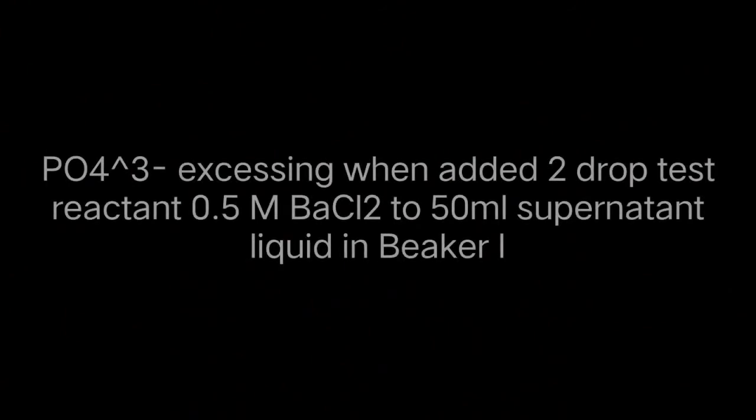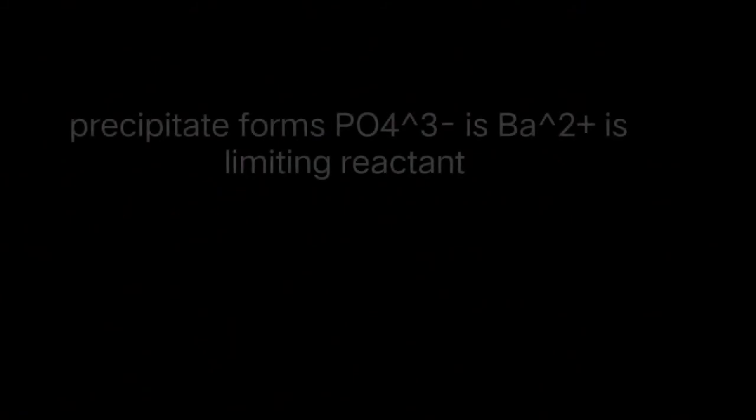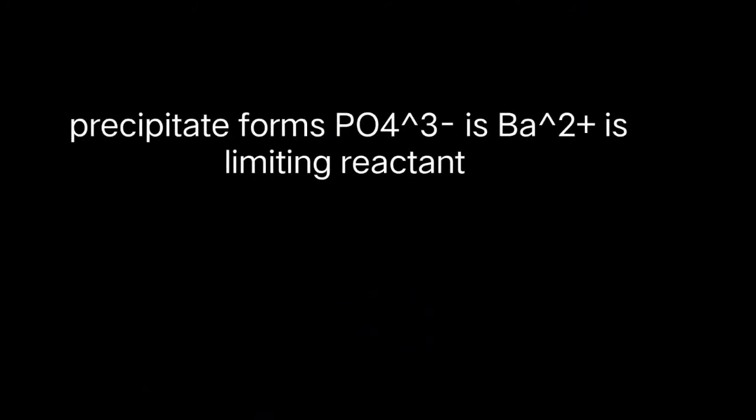During the experiment, PO4 3- was in excess when we added 2 drops of test reagent 0.5 M BaCl2 to the 50 ml of the supernatant liquid in beaker 1. We can see the precipitate forms as a result. Ba2+ is the limiting reactant in the original salt mixture.